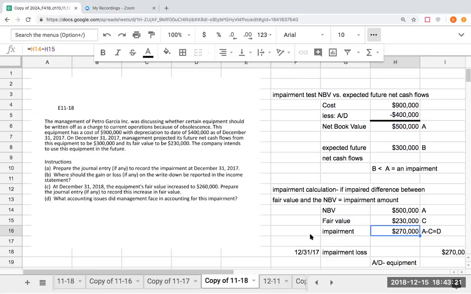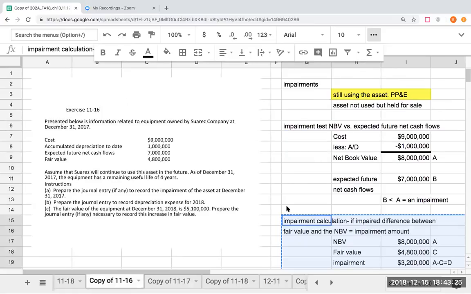That covers impairments. In summary, the key thing is, are we using it or are we not using it? If we're using it, we record the impairment and we depreciate. If we're not using it, we record the impairment, and in that impairment calculation we're also including the cost of disposal. We do not record any depreciation expense if we're not using it.